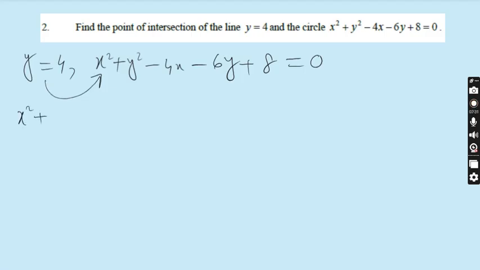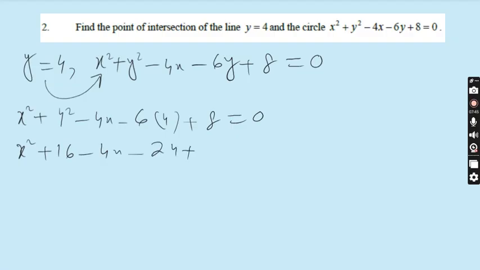x square plus 4 square minus 4x minus 6 into 4 plus 8 equals 0. x square plus 16 minus 4x minus 24 plus 8 equals 0.